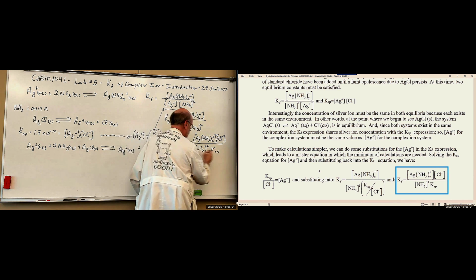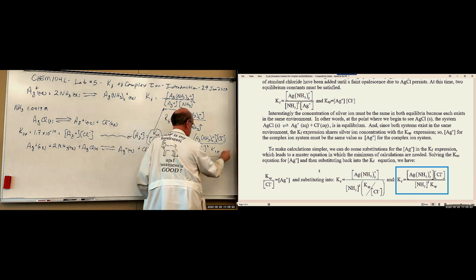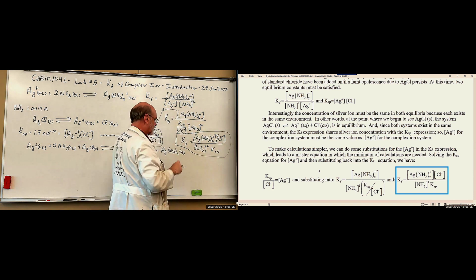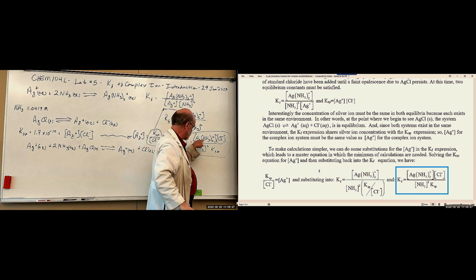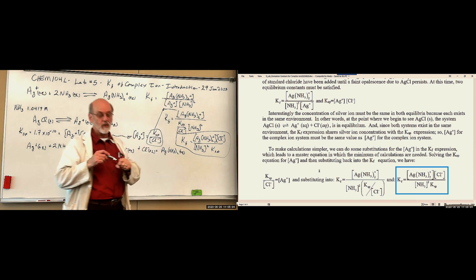So this is the one that's going to give us the calculation. What we have to do is find out what this concentration is at equilibrium, and that's constant. Then we can calculate KF. So that's what we're after.